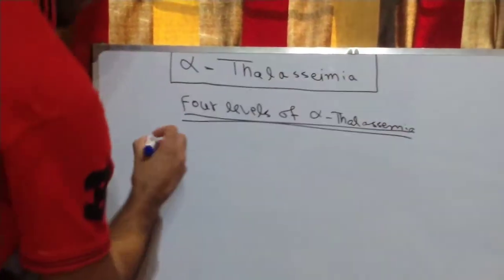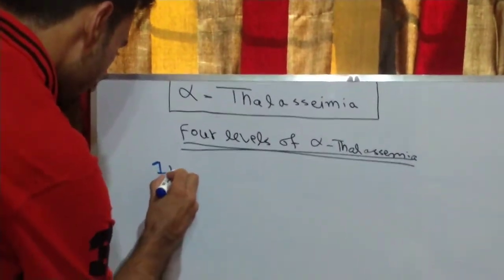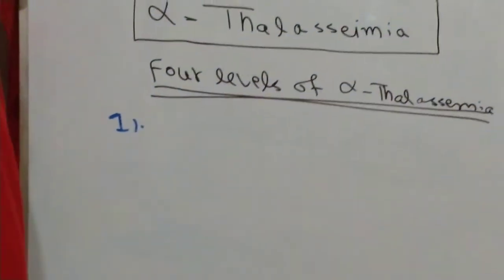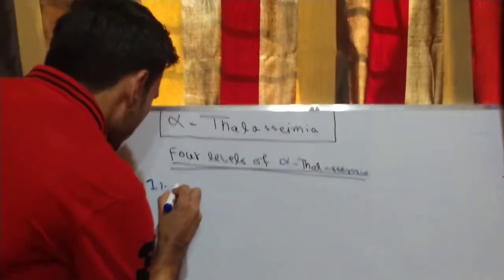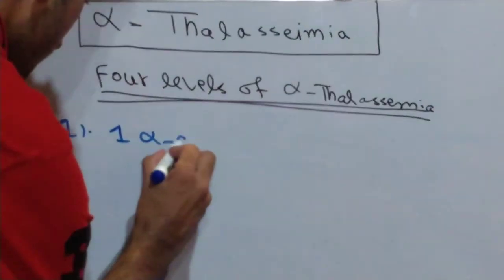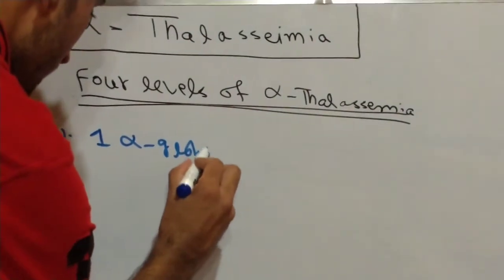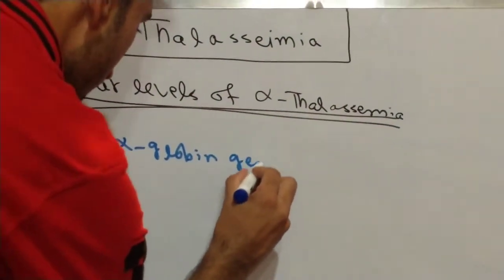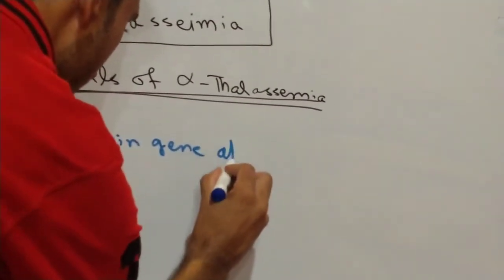Talking about the first level, in this case, if one alpha globin gene is absent, what would happen?